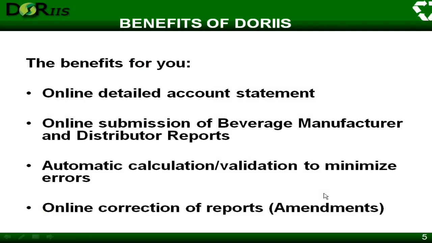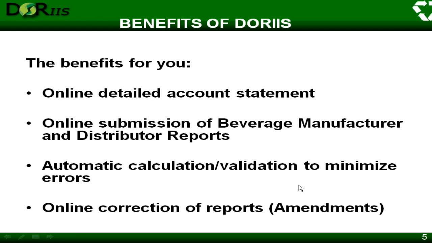So what are the benefits for you to use DORIIS? Well, it provides online detailed account statements. It gives you the option to submit your beverage manufacturer and distributor reports online. It actually auto-calculates and validates the processing fee amounts and also the CRV amounts.